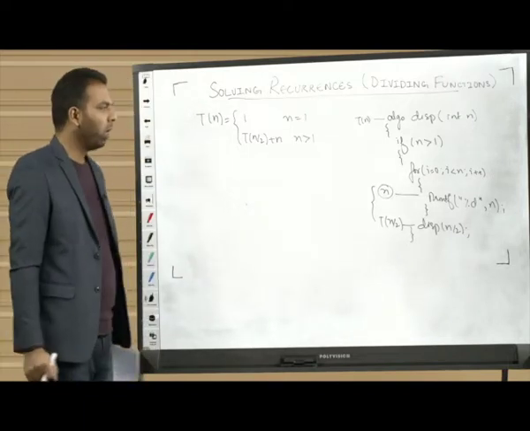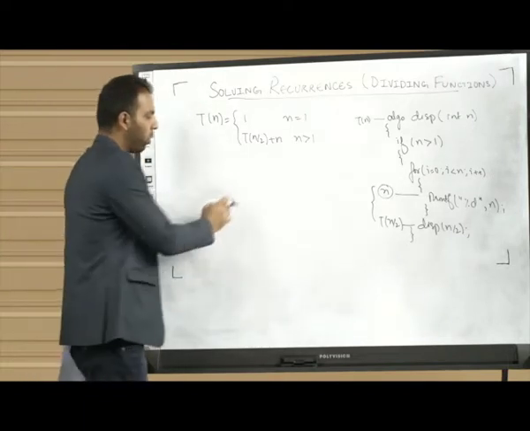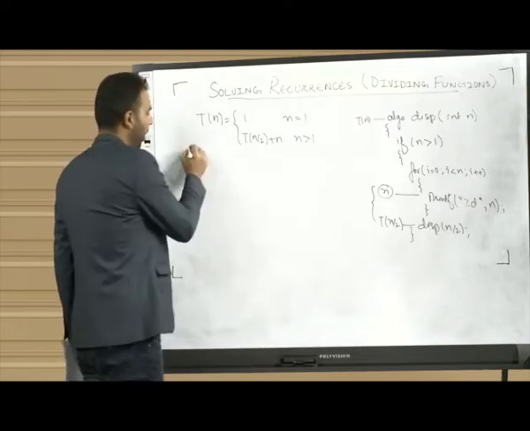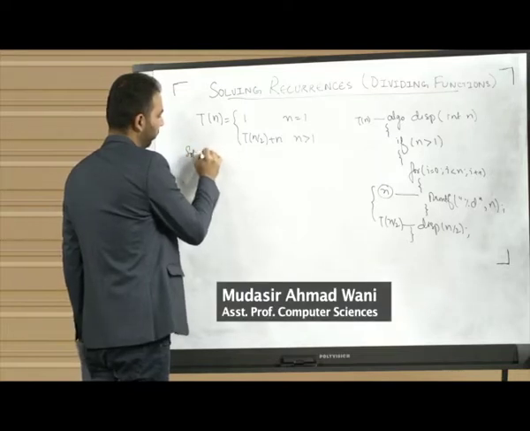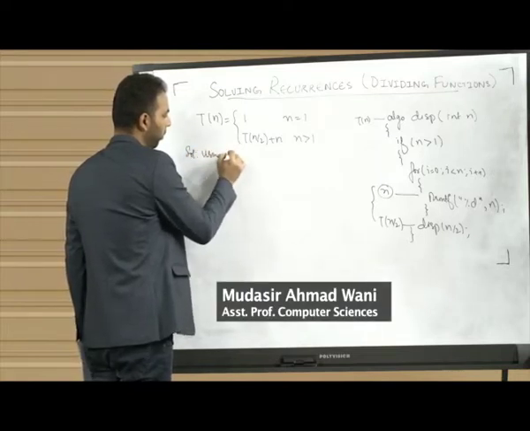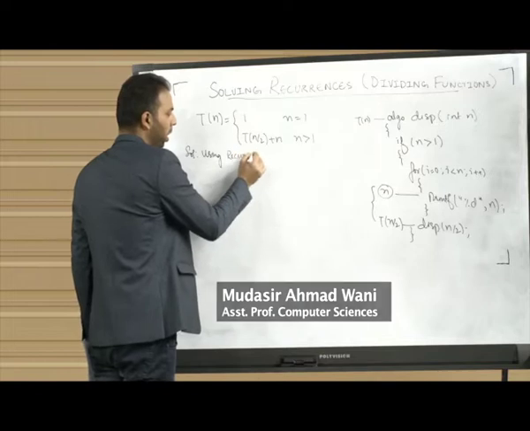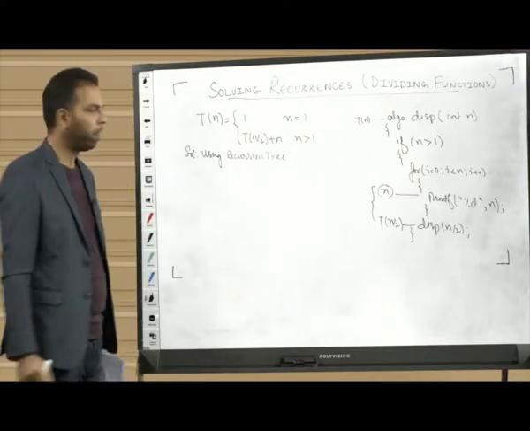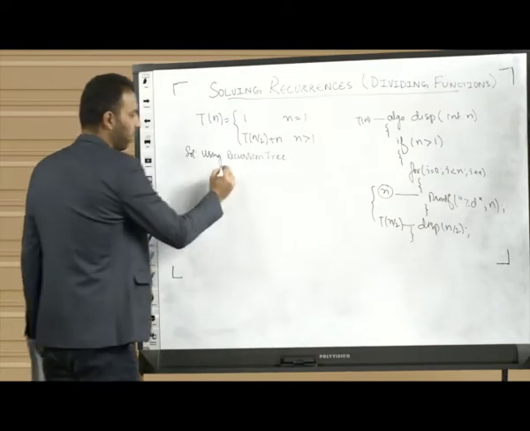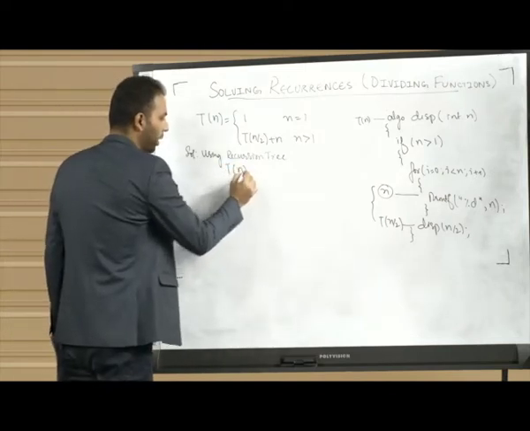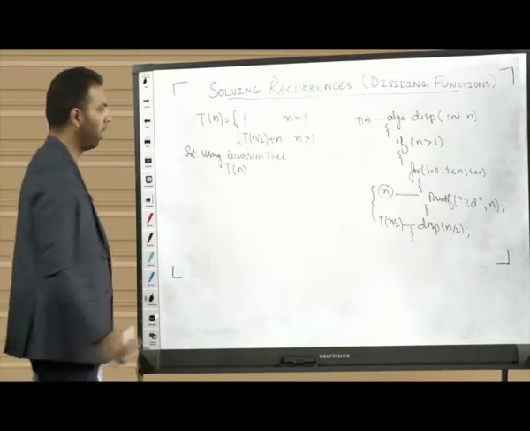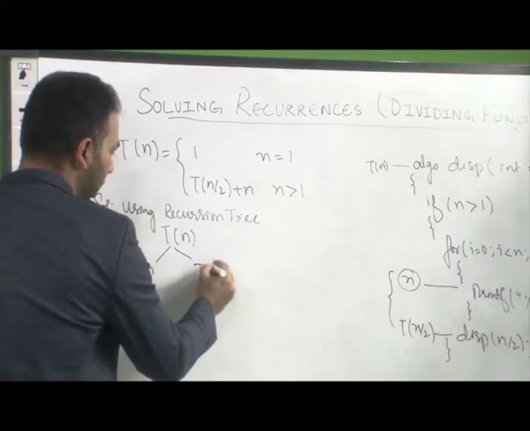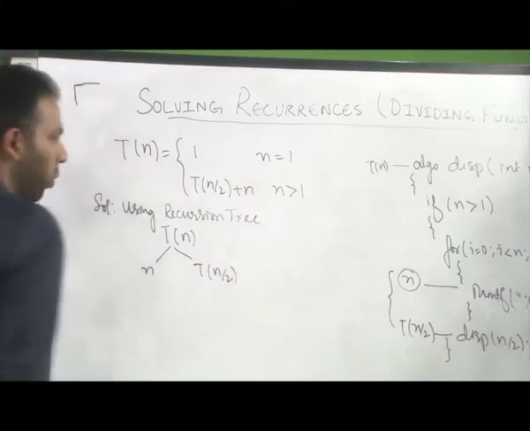Fine. So now we'll solve it first using the recursion tree. We have the root problem, that is T of n. It will execute n times plus it will call T of n by 2.